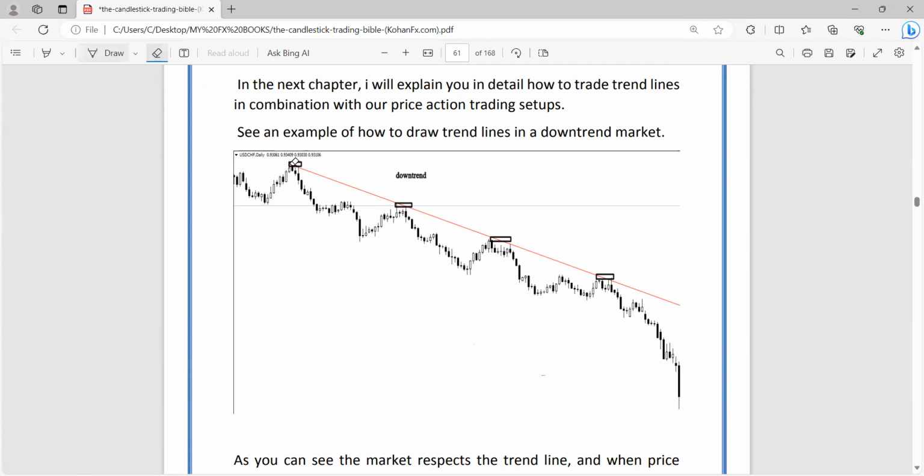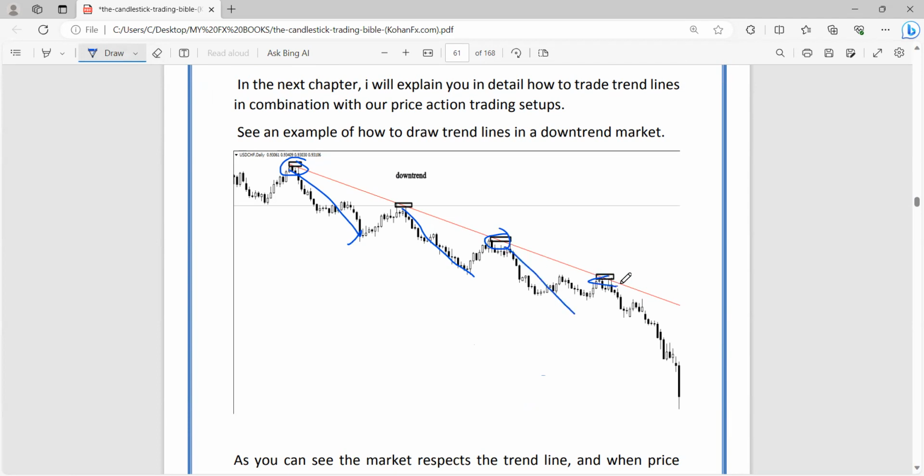So for instance, once I saw that whenever the market touches this line here, it was always pushed downwards. Again, when it touched that level, it pushed downwards. Again, when it touched this level, it was pushed downwards.